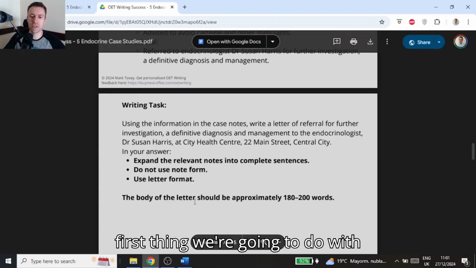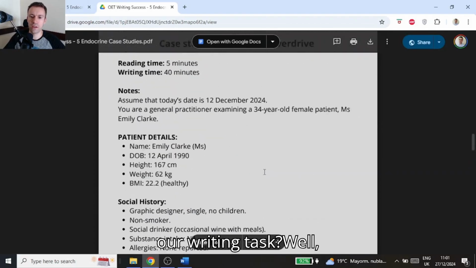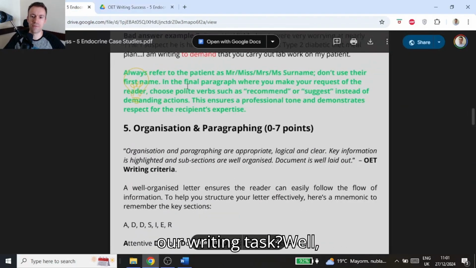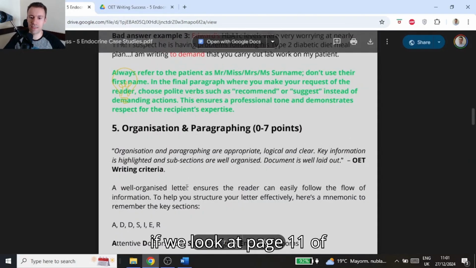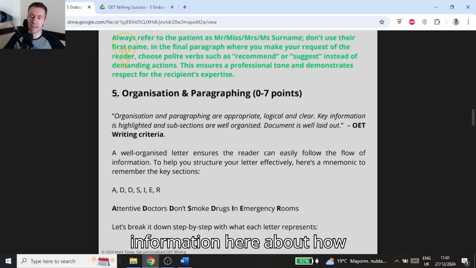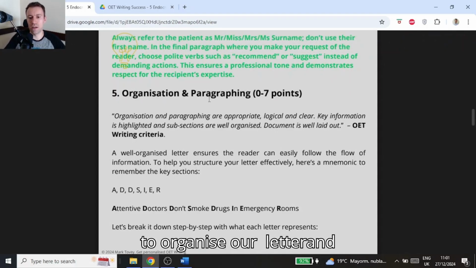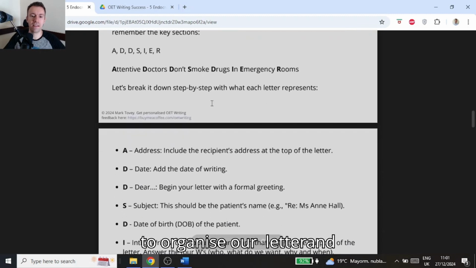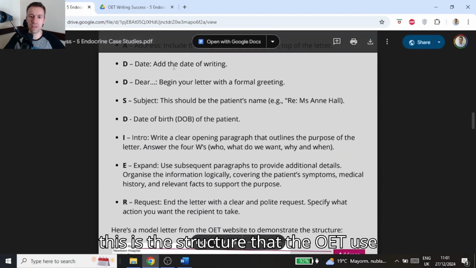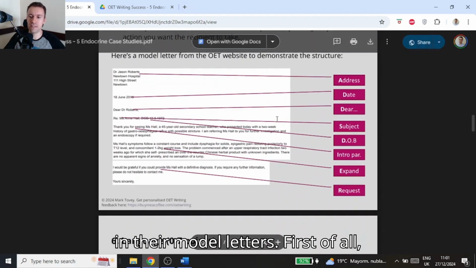So what's the first thing we're going to do with our writing task? Well, if we look at page 11 of the same book, there's information here about how to organize our letter. And this is the structure that the OET use in their model letters.